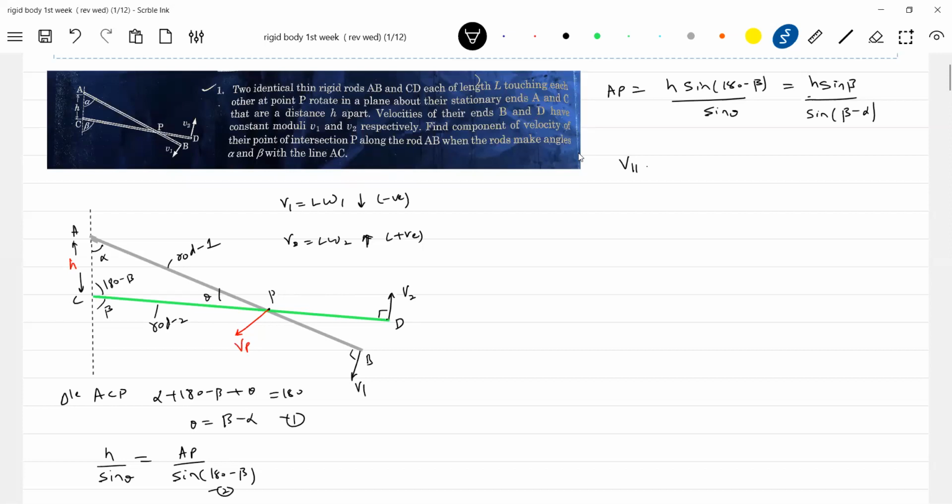So V parallel, I'll call this one, d of AP by dt. This was the unknown thing which is needed. So I'm going to differentiate this above equation. V parallel is equal to H sine of beta minus alpha, with dβ/dt terms.